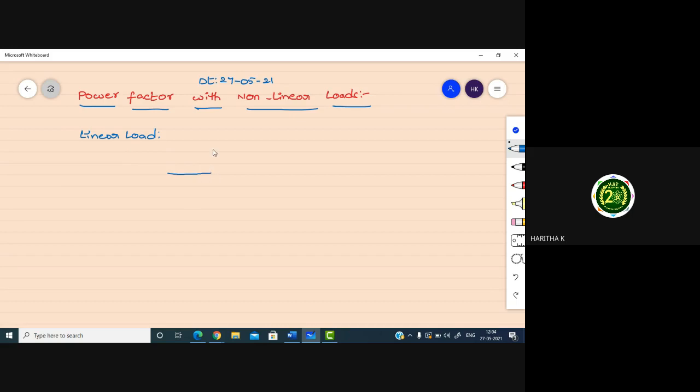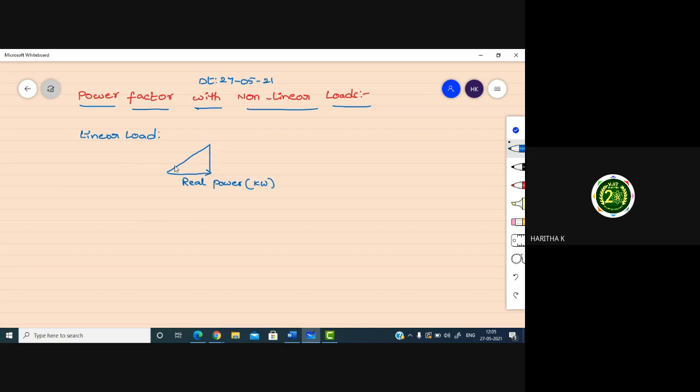The power factor can be measured from the power triangle. It is a right angle triangle. This side is the real power. It is measured in terms of kilowatts.